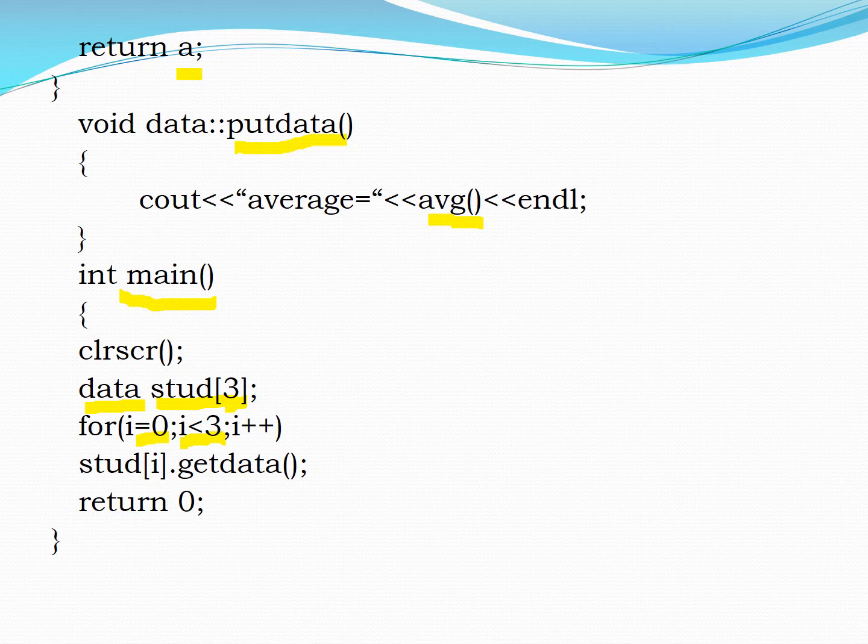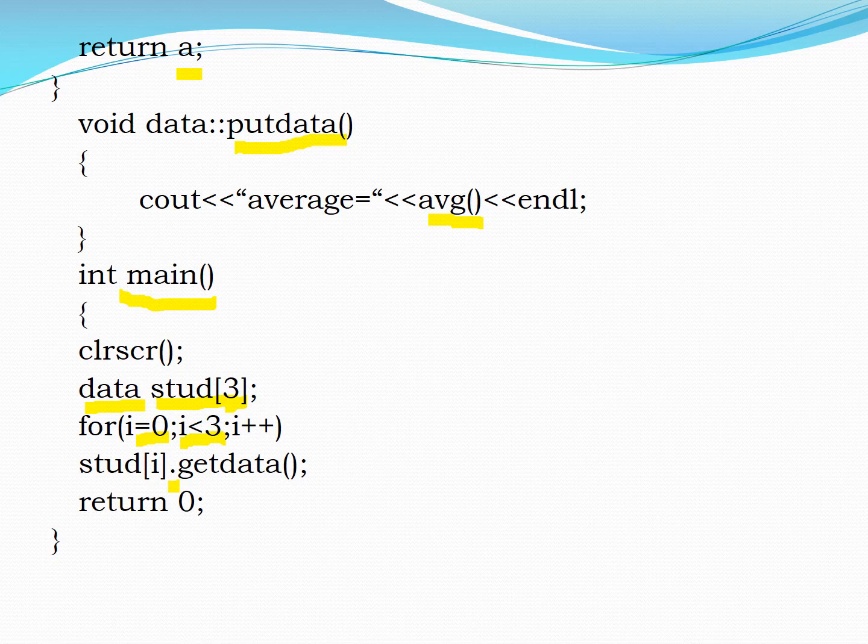Once you want to access the data members or member functions, we use the dot operator. Now student is an array, and student of i is an object of the array. Student of i dot get data. Once that is called, the get data function is accessed. The control turns towards the member function called get data.